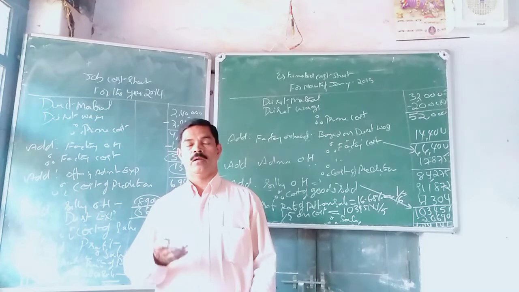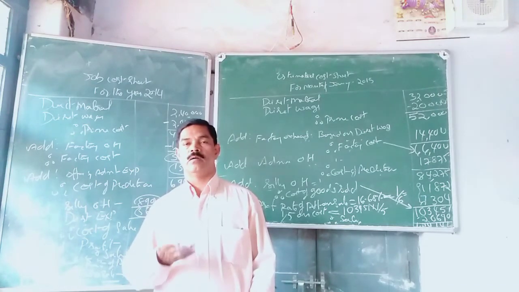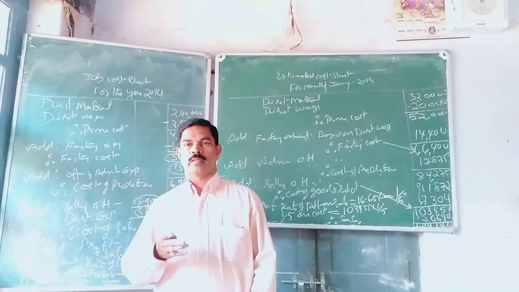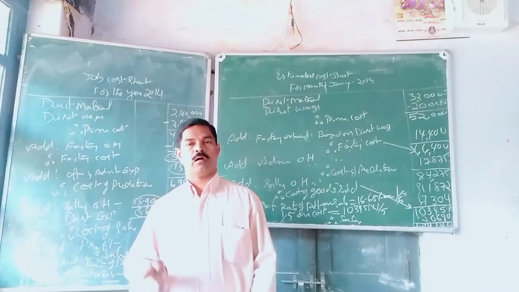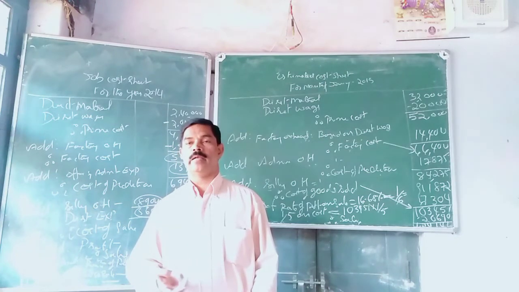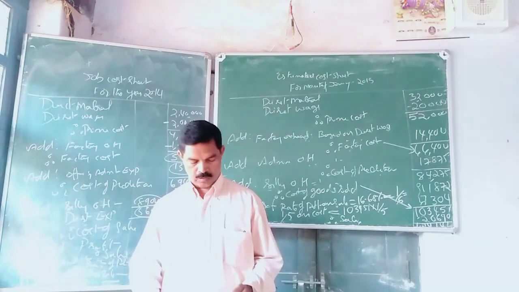If you calculate cost of running a machine or operating a machine, here the machine is the cost center. If you calculate cost of an activity, the entire activity is known as the cost center. So cost center is nothing but a place, person or a thing or an activity or combination of all these in relation to which costs are accumulated, costs are calculated for the purpose of cost control.